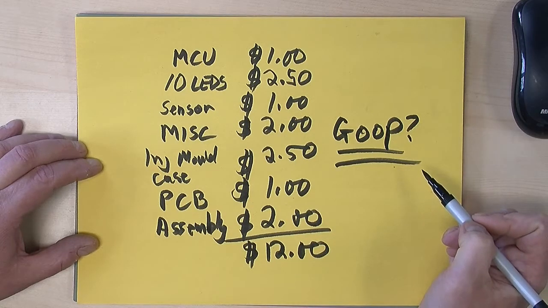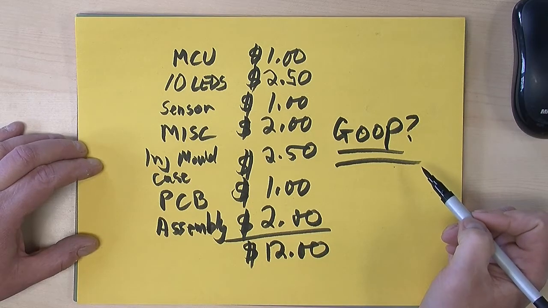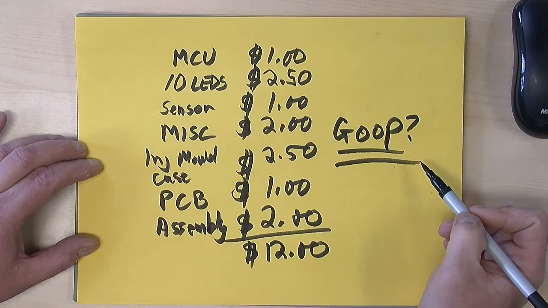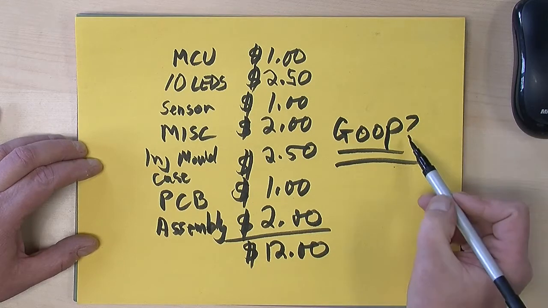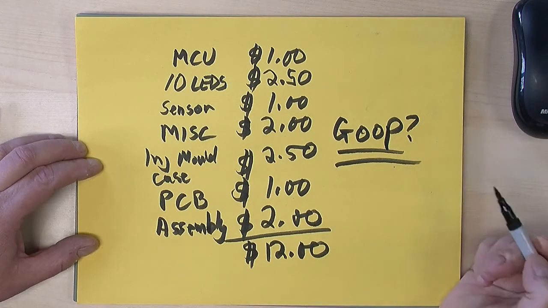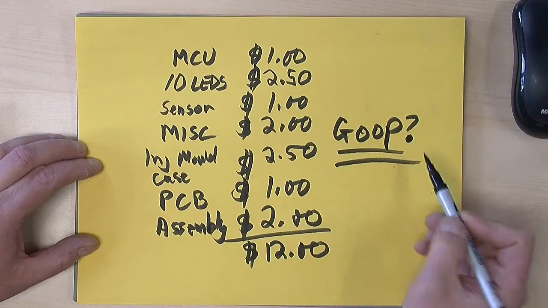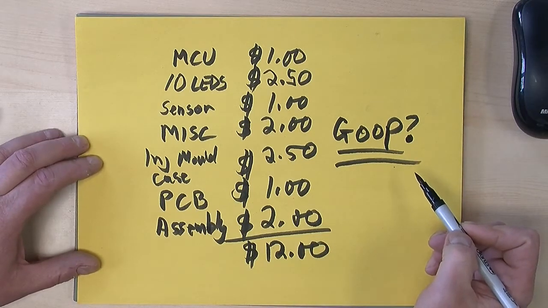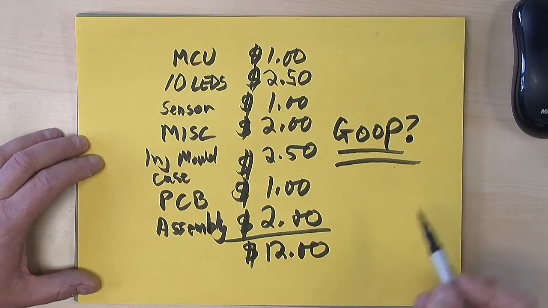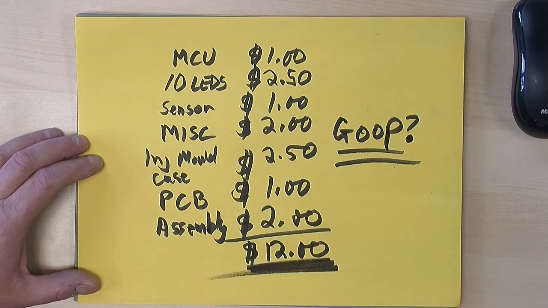It might be expensive to make. It might also be something like software, where once you've figured out how to make all the components in it, it's actually cheap to make, but it's the know-how that's in it that has all the value. So we can't really estimate this, but from an electrical standpoint and from a product standpoint, $12 or so is probably what it cost them to make this.